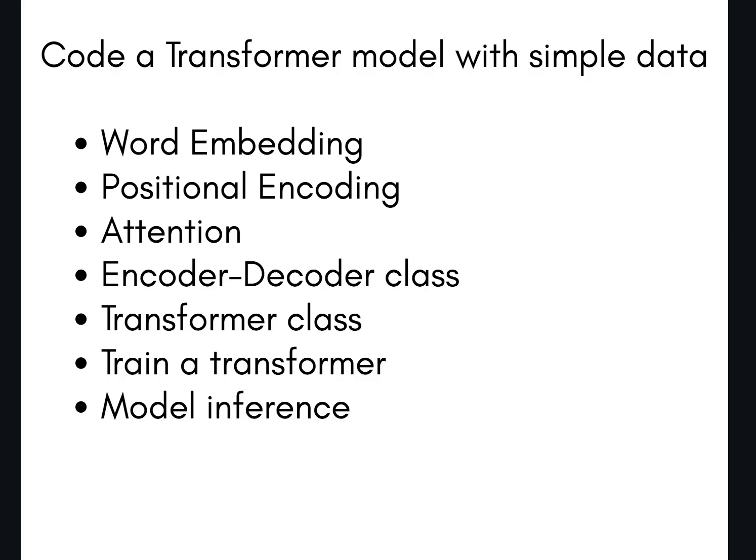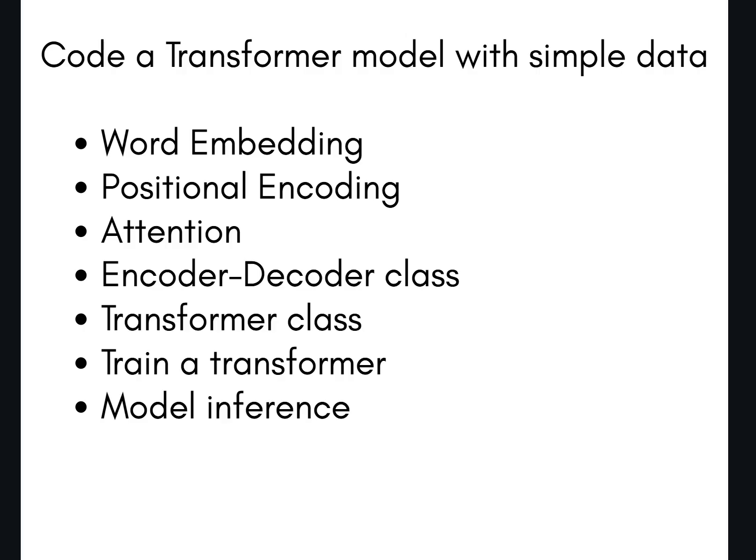So here, we code a transformer model with simple data. What are the steps that we'll be taking? Word embedding, positional encoding, attention class, encoder-decoder class, transformer class, train the transformer, and finally model inference, right?